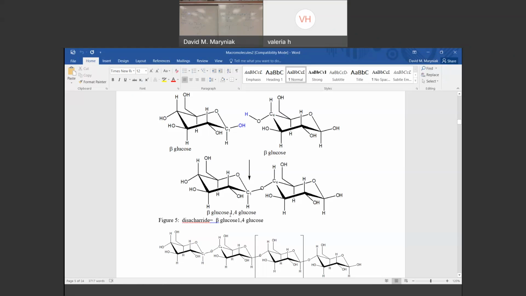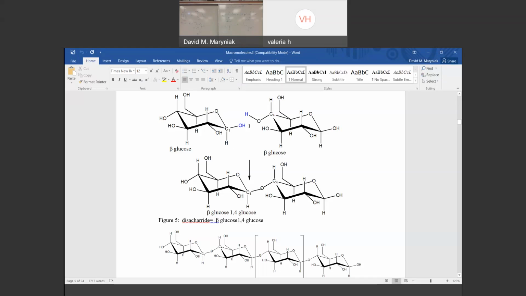Glucose beta 1,4-glucose. So how are we to recognize that there's two glucoses? Go back and look at the glucose structure until you're familiar seeing it. How do we know it's beta? Because this connection from the first sugar to the second one goes up. And how do we know that it's 1 and 4?